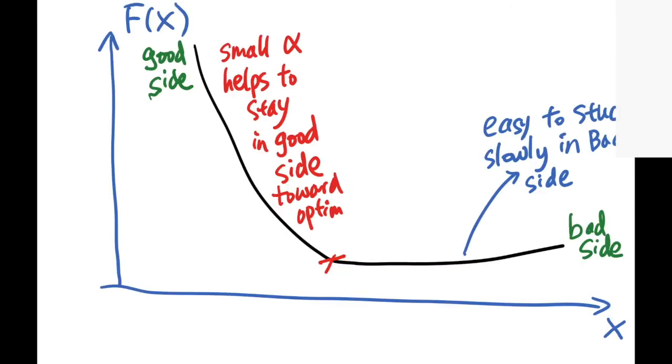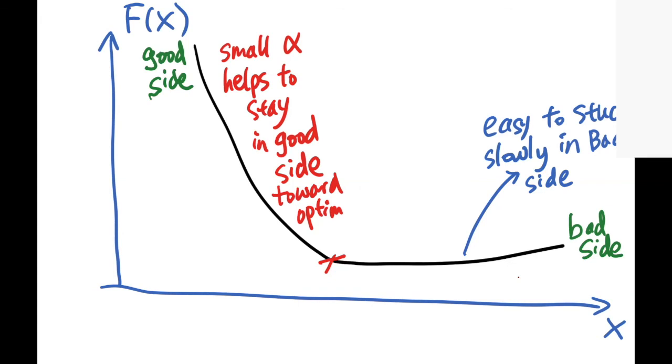And the last thing I want to show is that the starting point also matters. Here is a more exaggerated version. You really want to keep yourself on the good side, not on the plateau side. On the plateau side, it moves really, really slowly, because the gradient is very small.